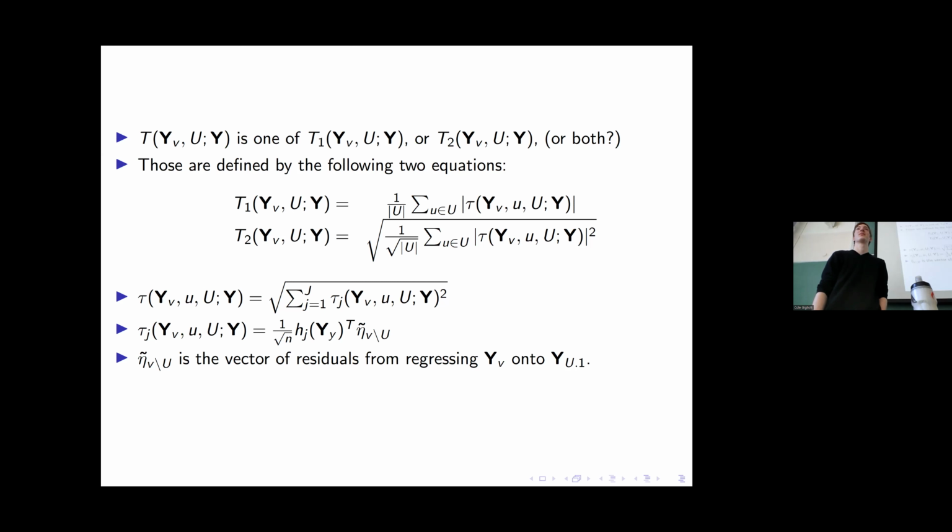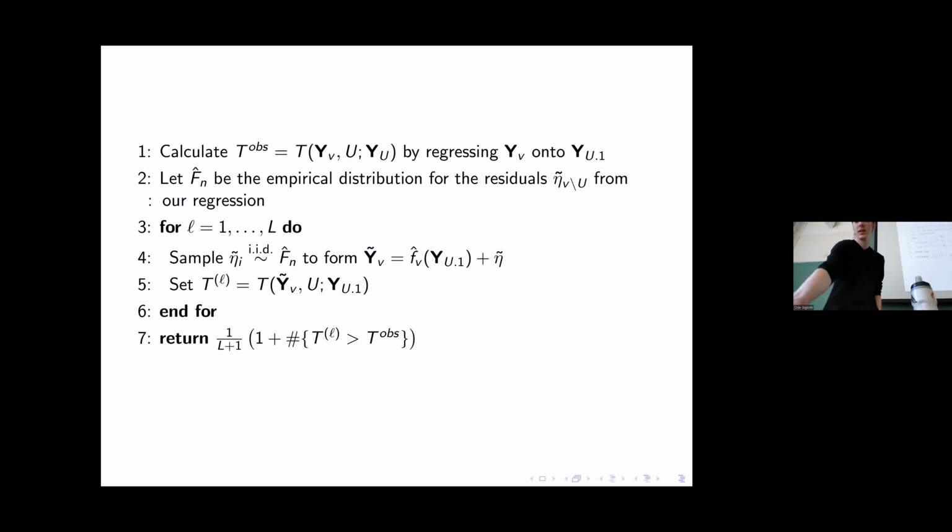You calculate this before. Again, we check how many times it's bigger than the original. Yeah, basically calculate the score, check how many times it was bigger than the original.